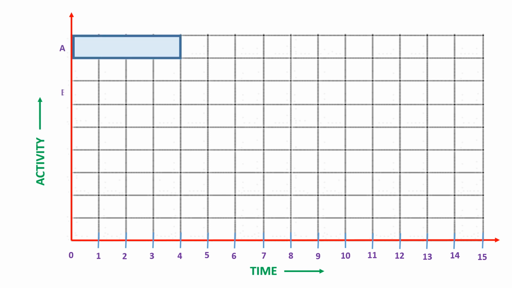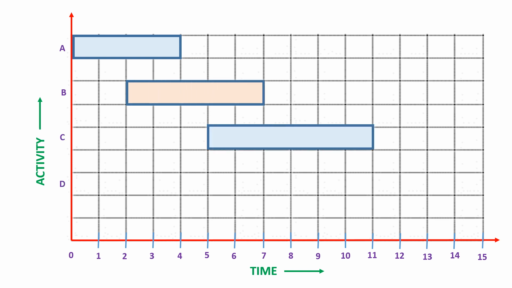Now we have different activities A, B, C, D and E. These are the different activities that have to be performed in a given project.